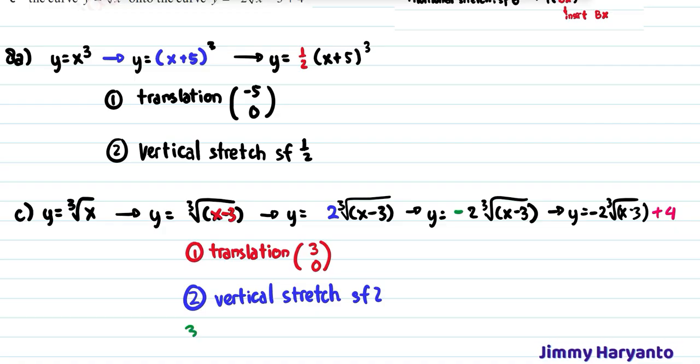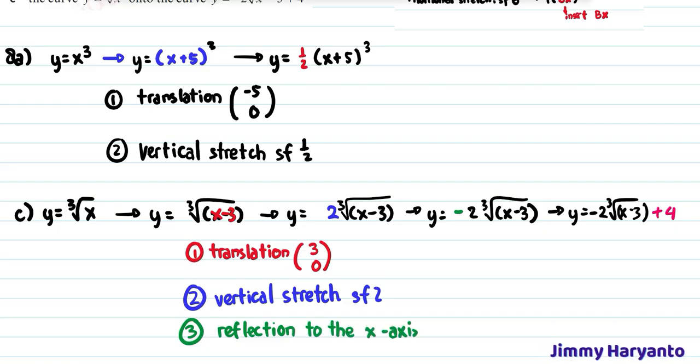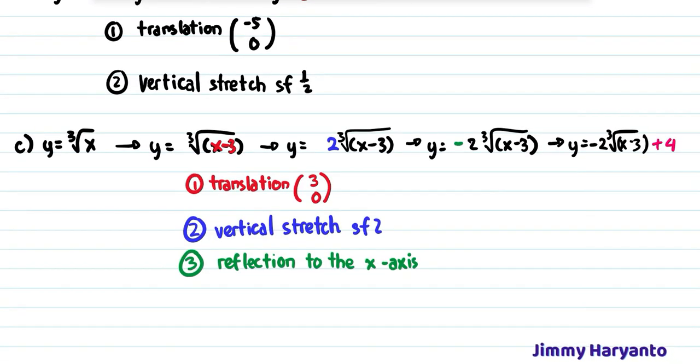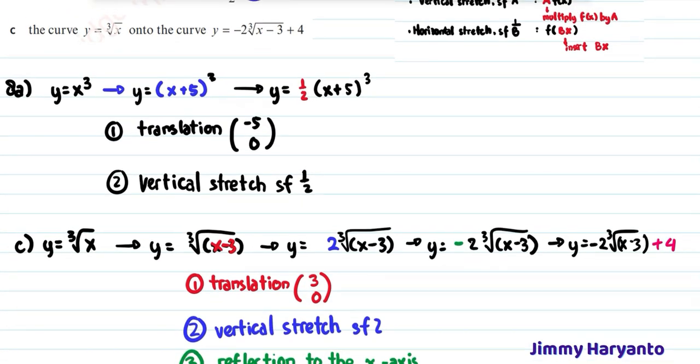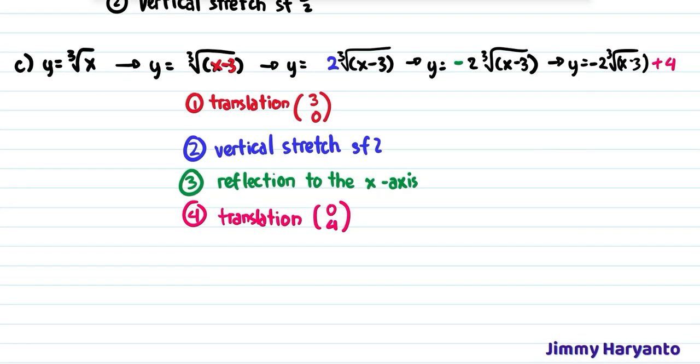The third is the green, reflection to the x-axis. The fourth one is translation 0, 4. Okay, you can do it like this, or you can do it like this also.